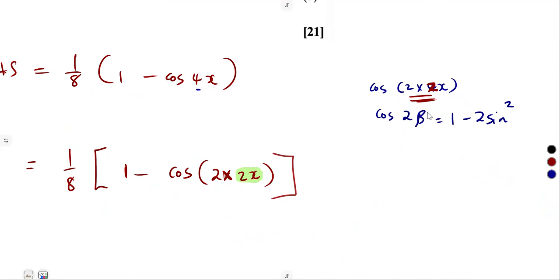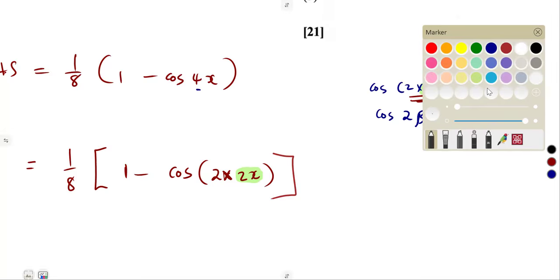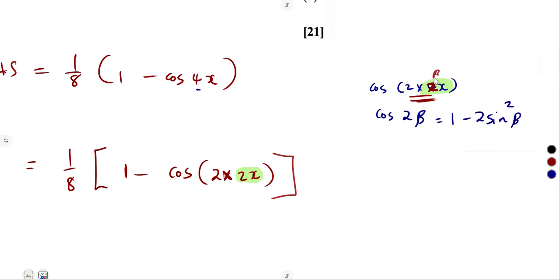So that will be, if this is 2 beta, take note, 2 beta, this will be 1 minus 2 sine squared beta. All right? So our beta is the one that is affected. In our case, our beta is this one, the 2x. The 2x is representing our beta. It's 2 times beta here, this whole part.